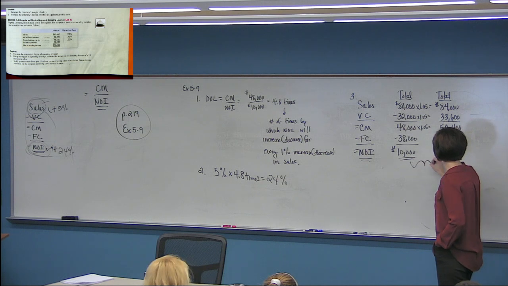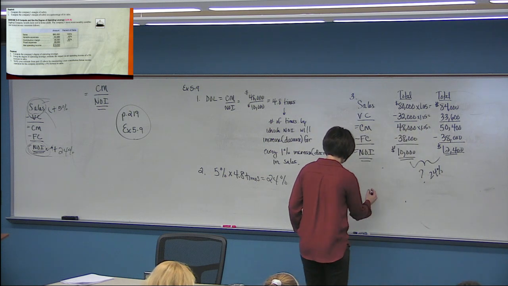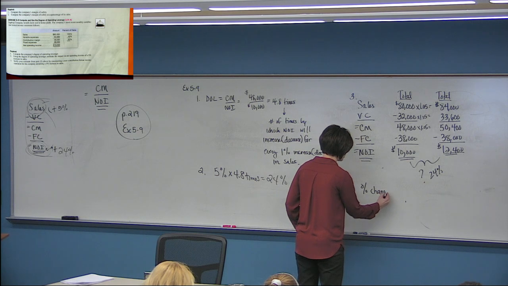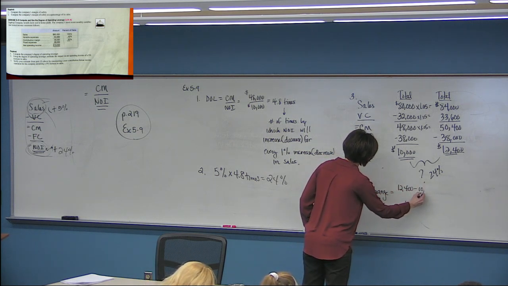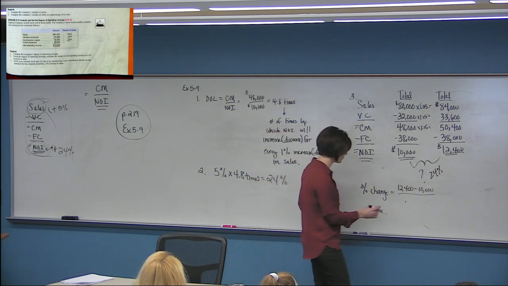And the question here is, is this an increase of 24%? Well, we plug it into our little formula, which is to find the percentage change. We are going to take 12,400 minus 10,000. I mean, obviously you can do that math in your head, but I'm just trying to stick with the formula here.